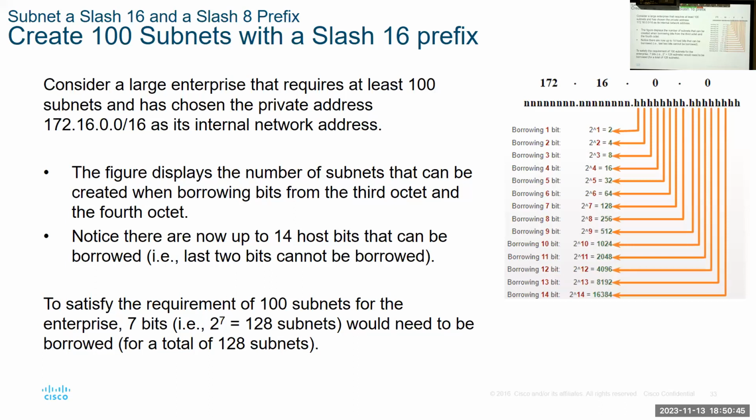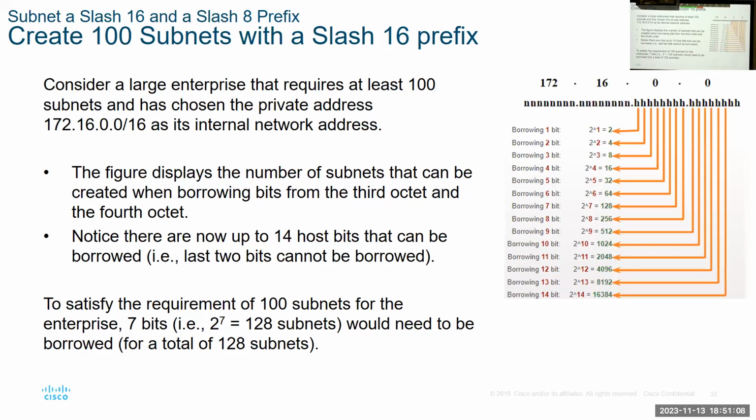So 2 to the 7th is 128, 2 to the 8th is 256, 2 to the 9th is 512, minus 2, so 510. So in this scenario, for 100 subnets, you can make 128 subnets. Each subnet can have 2 to the 9th minus 2, or 510 hosts per subnet, which is a good size subnet.